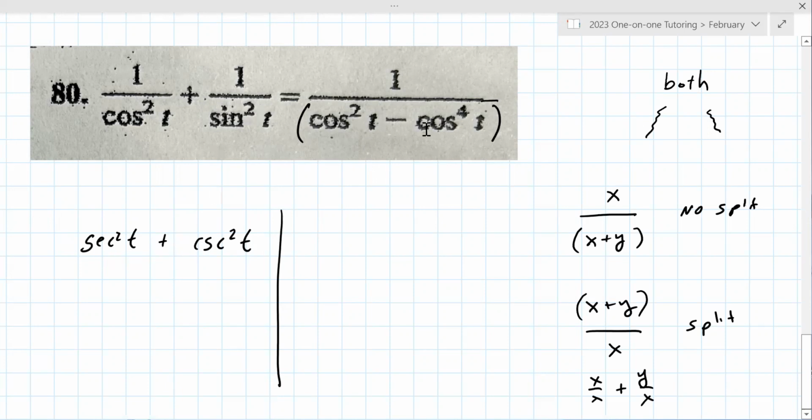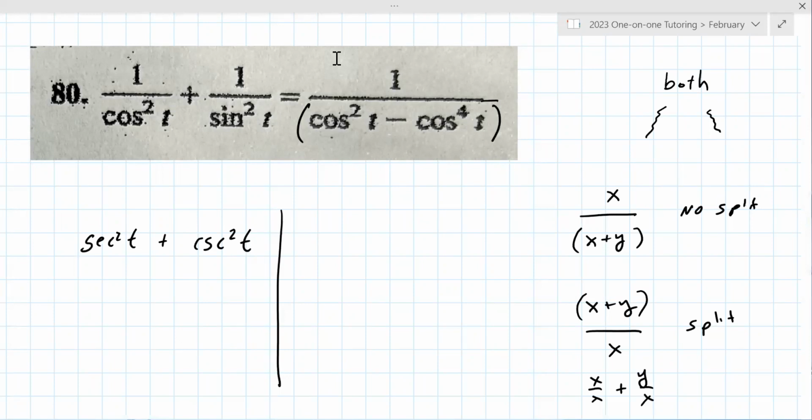Because if you notice, the thing on the right is a single fraction. There's two fractions on the left. So this almost takes you away from your answer because you still have to combine them into one, or you have to somehow split up the right-hand side, which I already mentioned you really can't here.